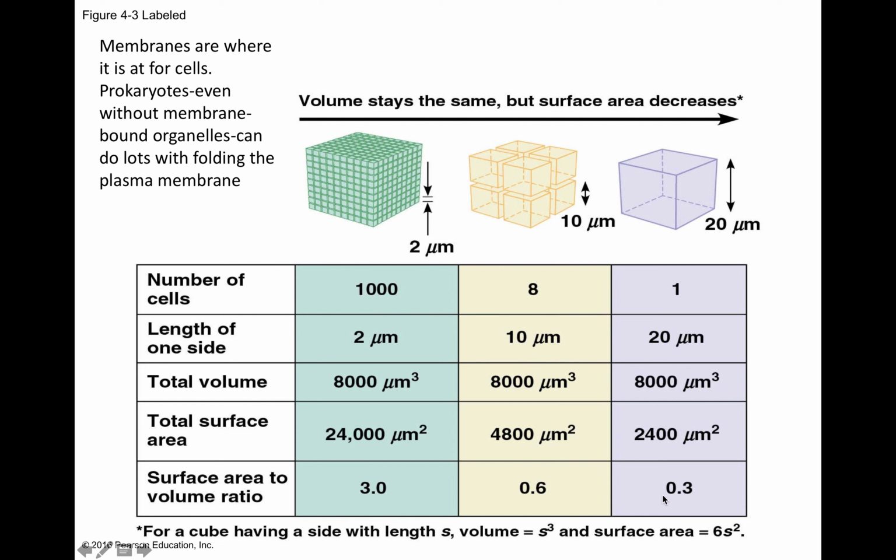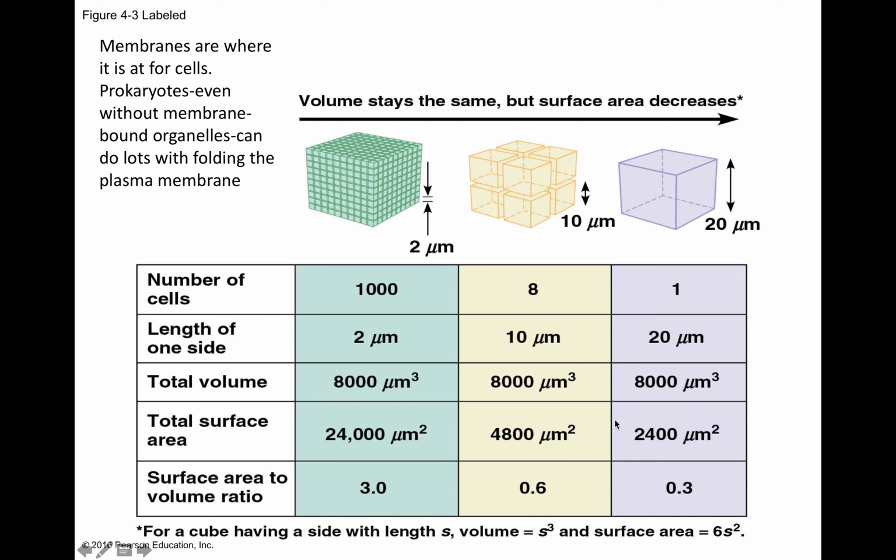With one giant cell, again the same volume, but 10 times less membrane surface area supplying it, and a very low surface area to volume ratio. Since everything comes in and goes out through the membrane, you need a lot of membrane supplying whatever volume you've got to serve.